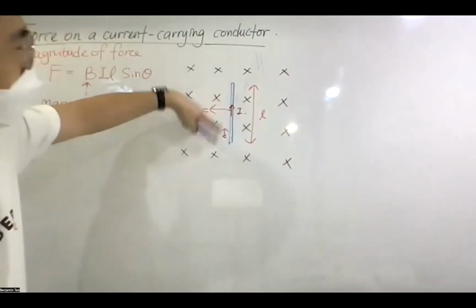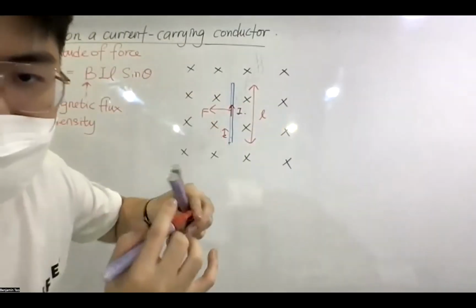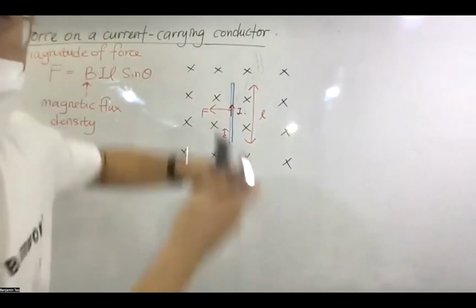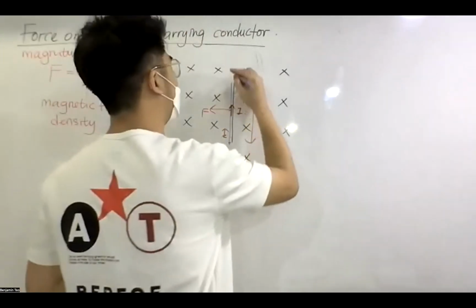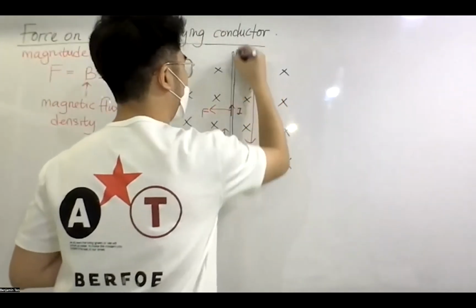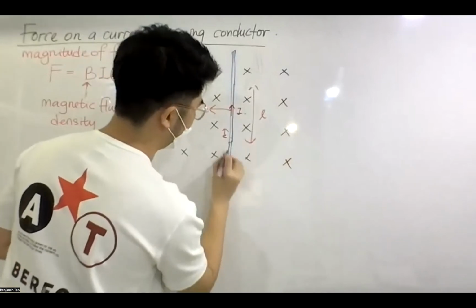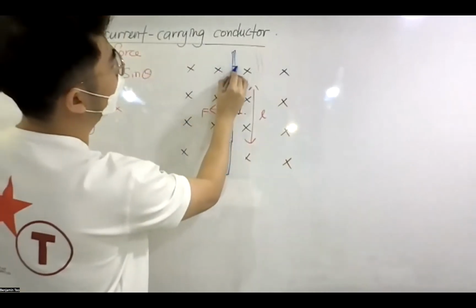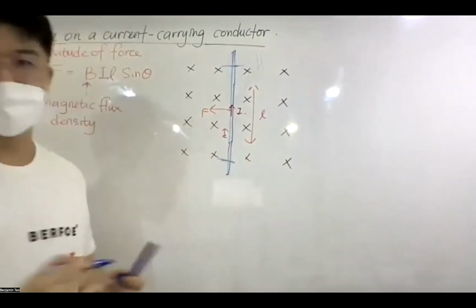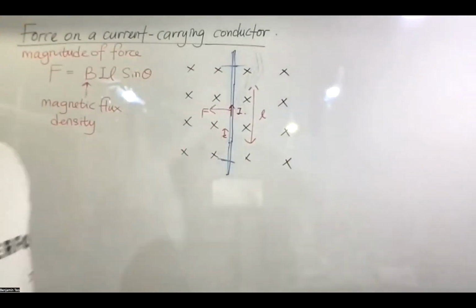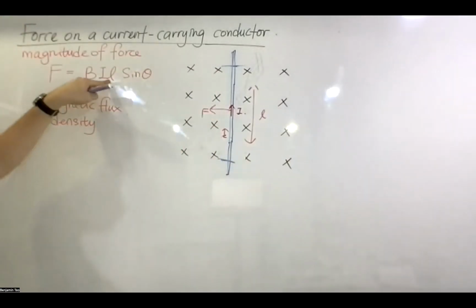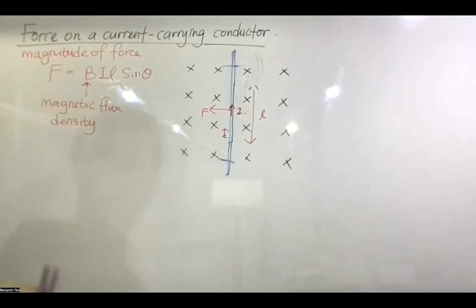The length of the wire inside the field. If your wire stretches outside, then what is the length I get? I only take here to here, okay? The length that is inside the field. That is the L.